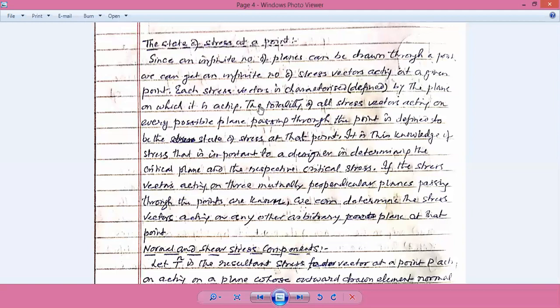So each stress vector is characterized by the plane over which it is acting, or the normal of that plane itself. Its totality, meaning all stress vectors acting on every possible plane passing through that point, is defined as the state of stress at that point.